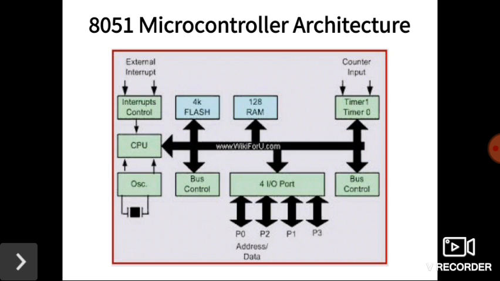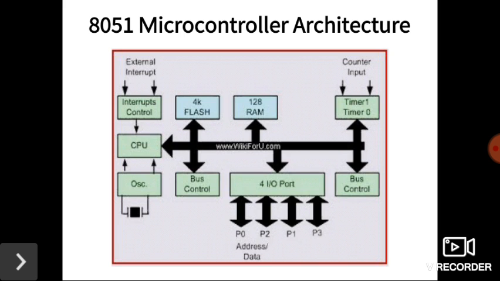The memory which is used to store the program of the microcontroller is known as code memory or program memory, also called the ROM memory. It also requires a memory to store data or operands temporarily. The data memory of the 8051, used to store data temporarily during operation, is known as RAM memory.